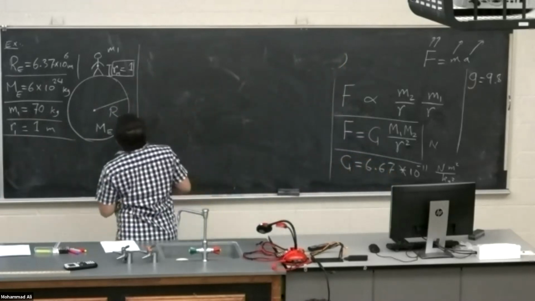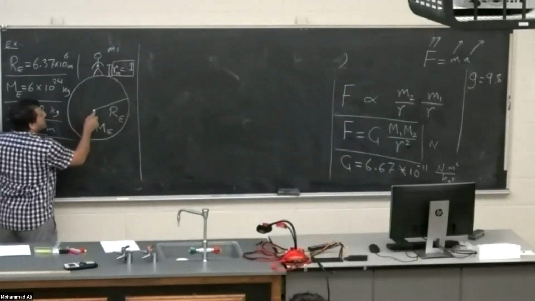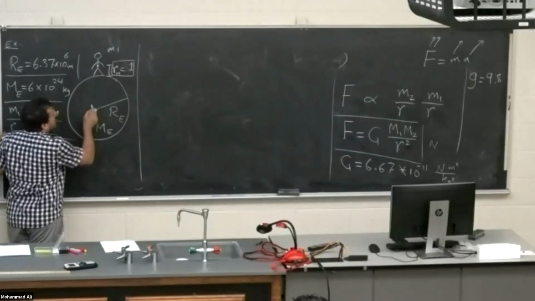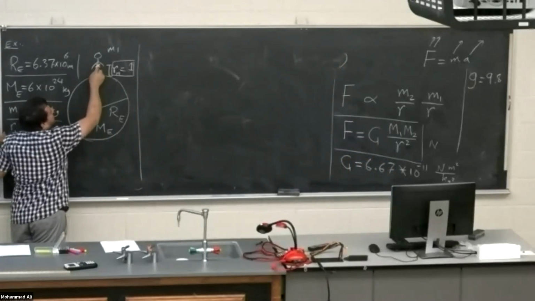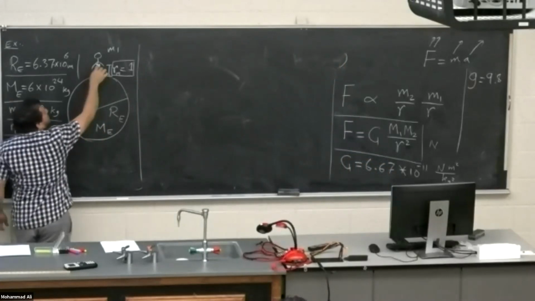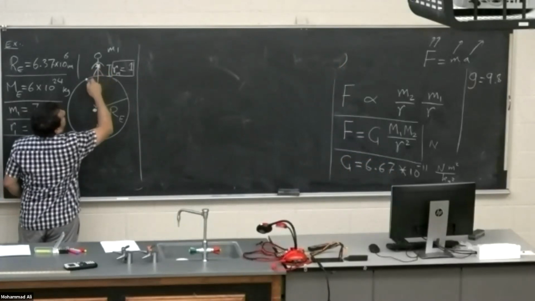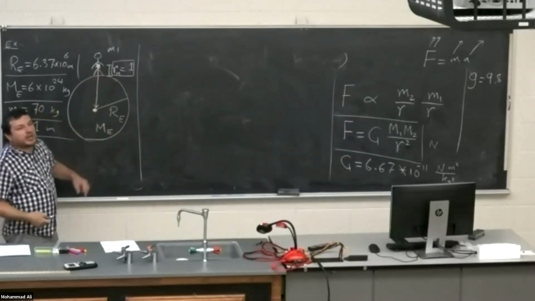Now to find the distance, we need the distance between the two centers. This is the center of Earth, and this is the center of this person in his stomach here. This is the distance between them. We need to consider this distance in our calculations.